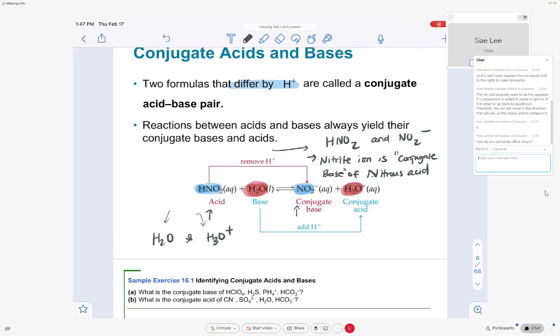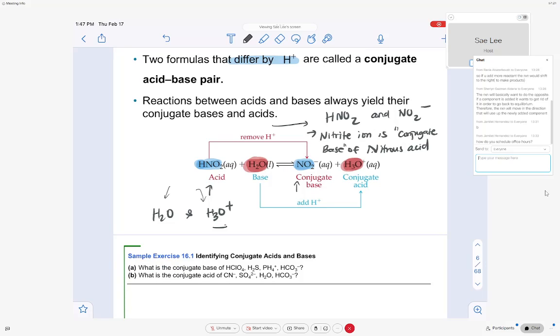So we say hydronium ion is a conjugate acid of water. Okay, so the acid will always be the one that has the extra proton.